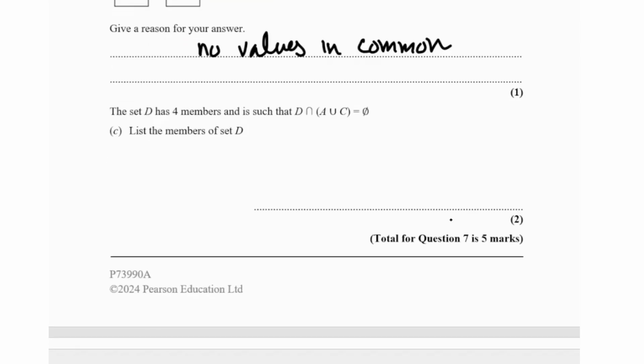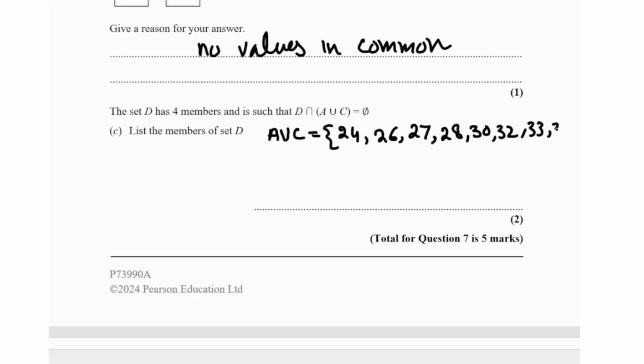So the next part is: set D has 4 members and is such that D intersection A union C is equal to a phi set, like an empty set. List the members of D. We know that A union C is equal to 24, 26, 27, 28, 30, 32, 33, and 34.